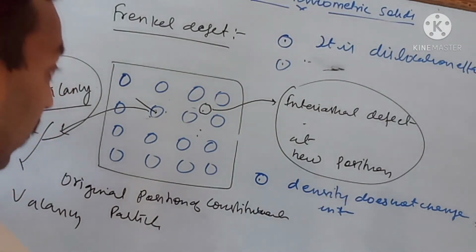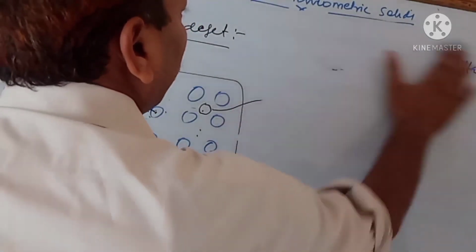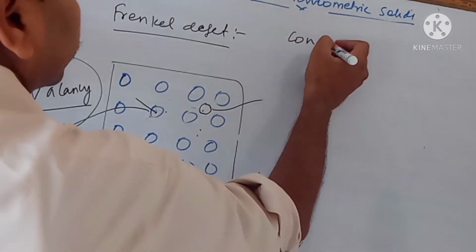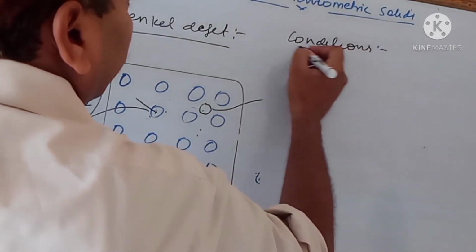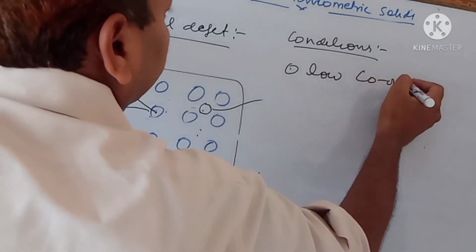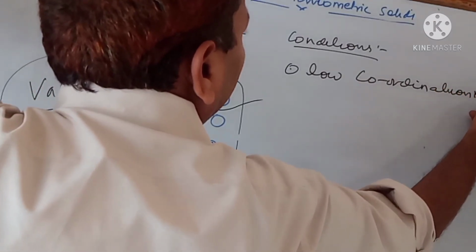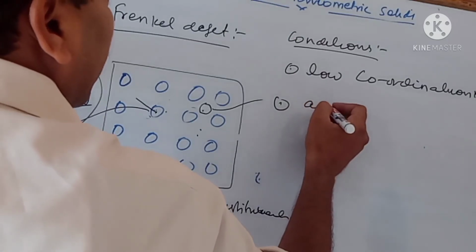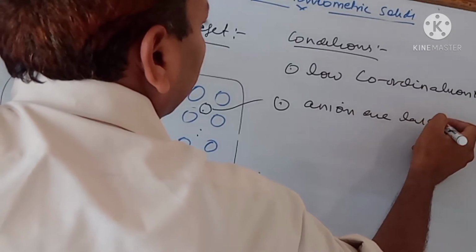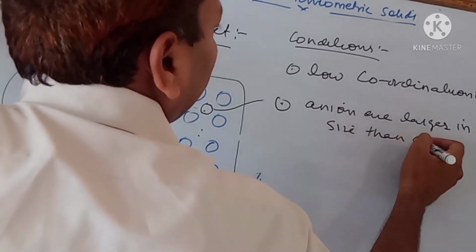Okay. Now conditions for showing Frenkel defect. What are the conditions for showing Frenkel defect? Number one, low coordination number. Second point, anions are larger in size than cations.